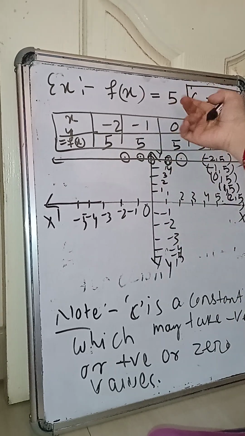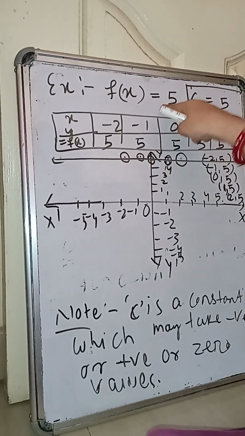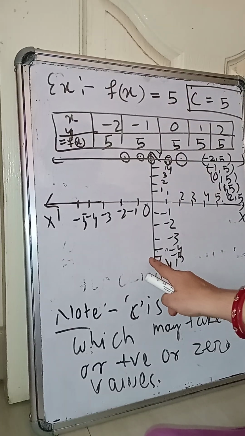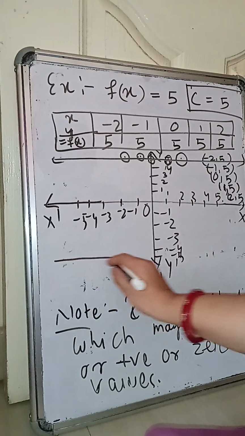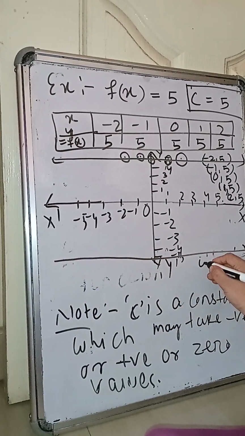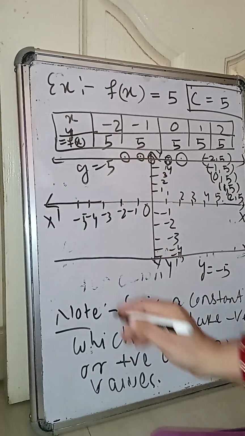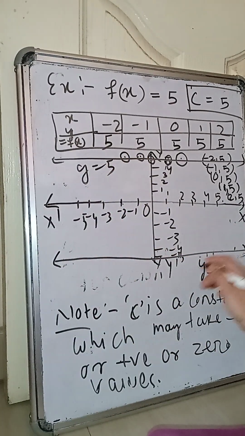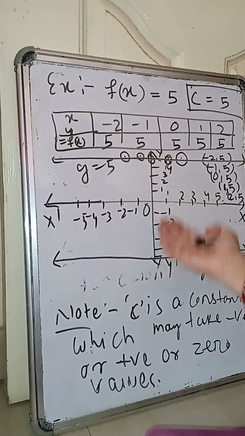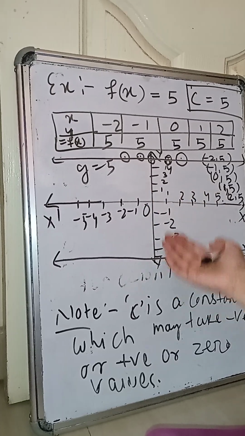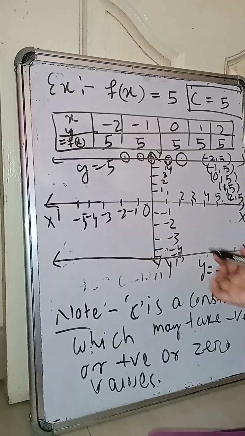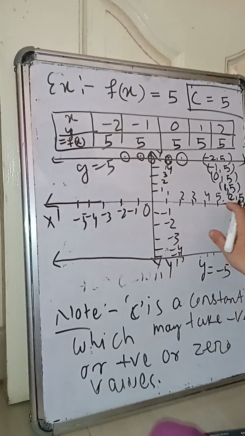If instead of taking 5, you take -5 here, that means y is -5. Again you will get a straight line which is lying below the x-axis and parallel to the x-axis.